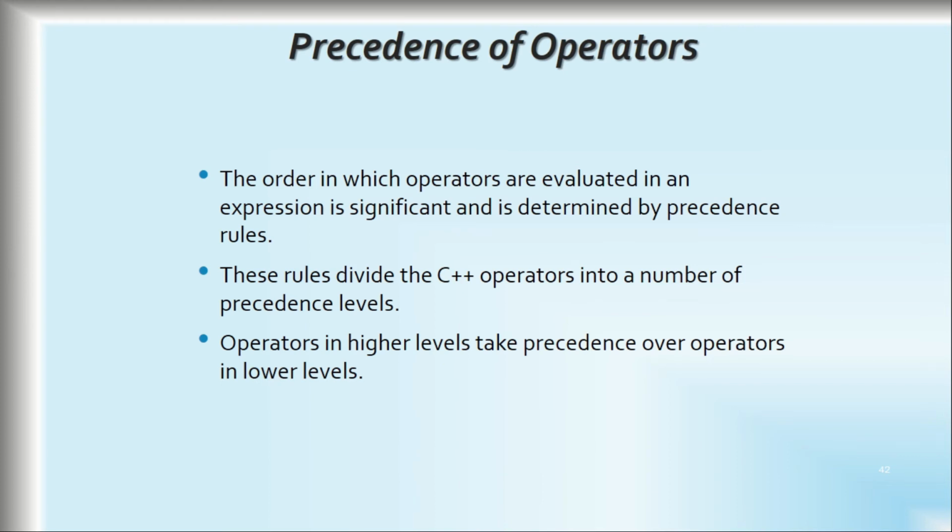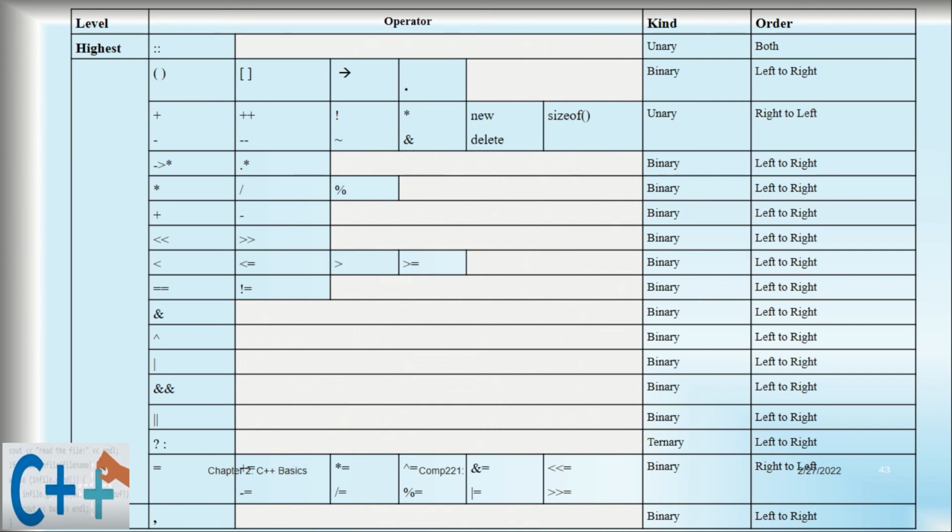Good. Then precedence of operators is the next section. The order in which operators are evaluated in an expression is significant, and it is determined by precedence rules. These rules divide the C++ operators into a number of precedence levels. Operators at a higher level take precedence over operators at a lower level, like this table. This table is the rules that give a precedence for each operator, right?